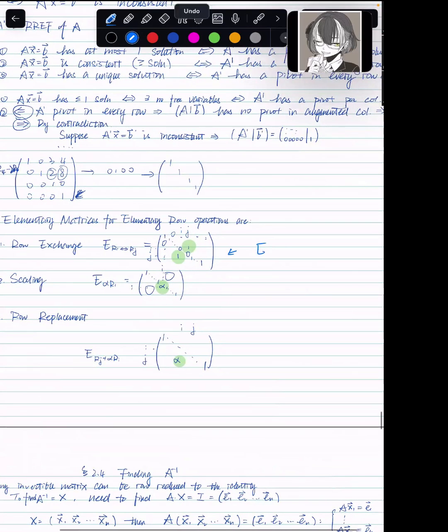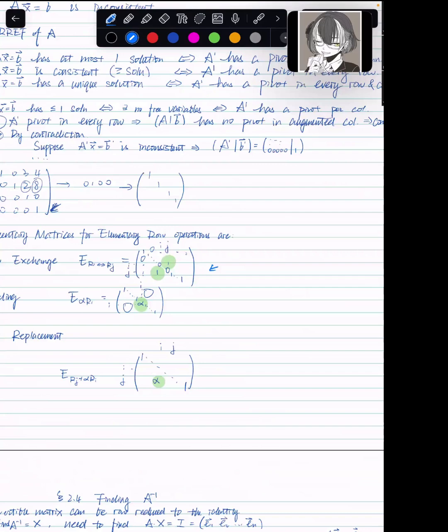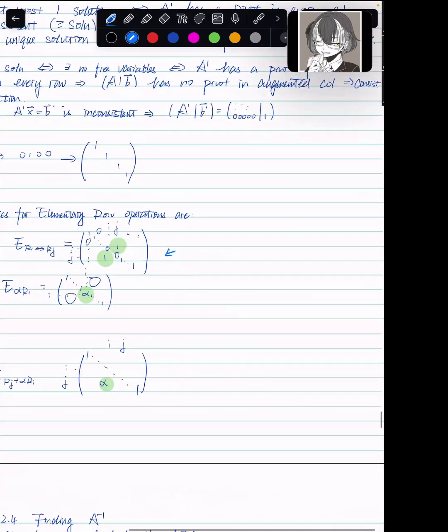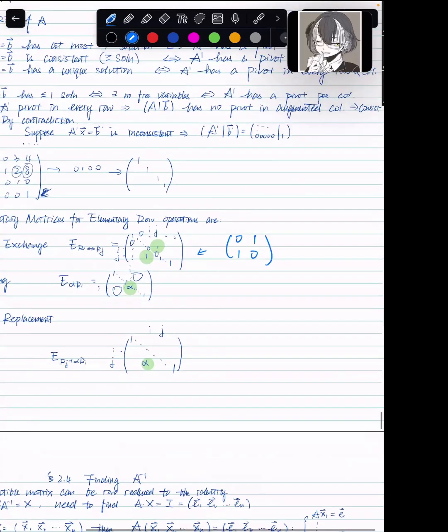We said all the row operations can be represented by elementary matrix multiplication. So if we want to do row exchange, in the 2D case, we can do 0, 1, 1, 0 to swap the first and the second row.